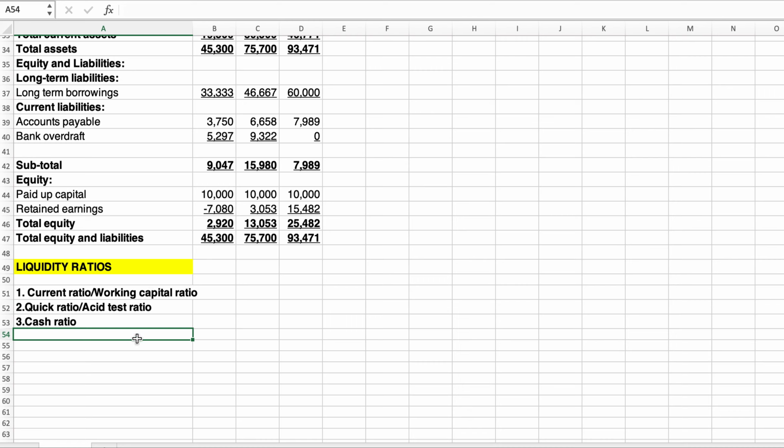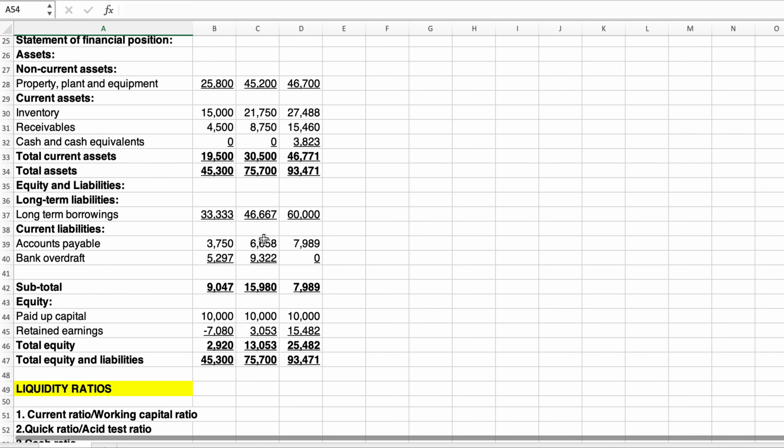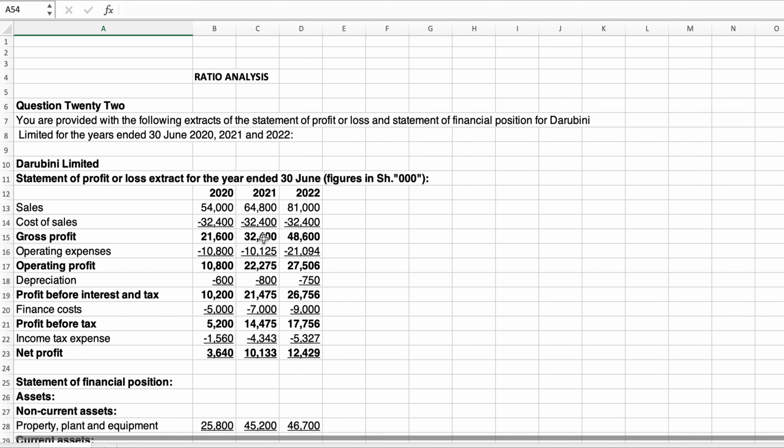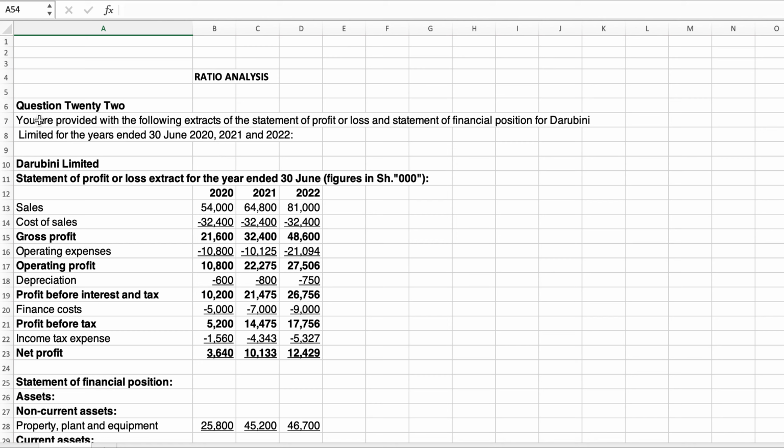So in our previous class, we were using this example, where you are provided with the following extract of the statement of profit or loss and the statement of financial position for Darubini Limited for the years ended 30th June 2020, 2021, and 2022.